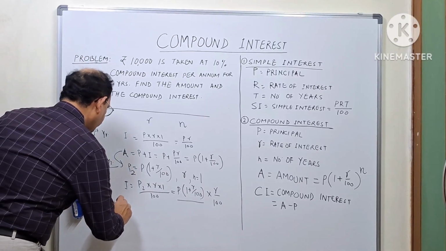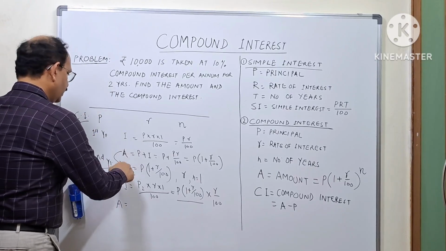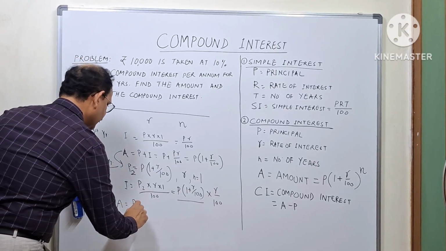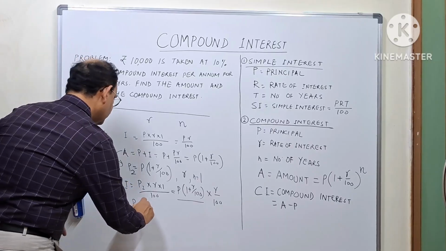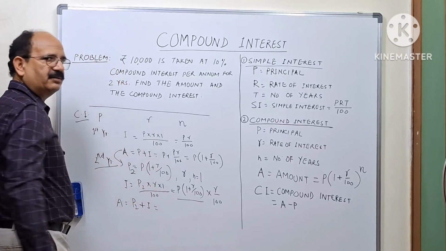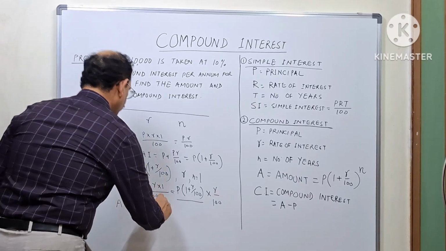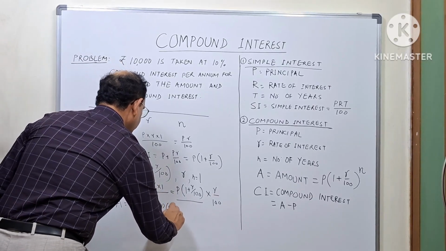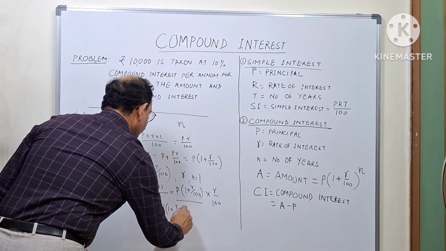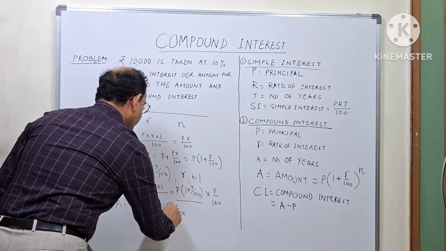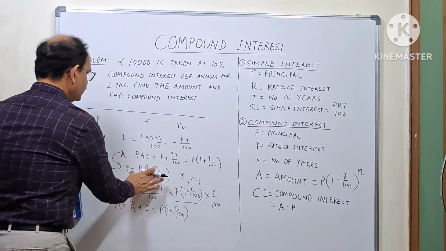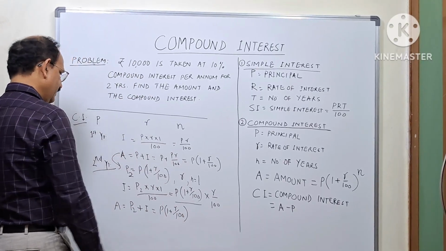So what will be my amount for the second year? The principal P2 for the second year plus the interest earned in the second year. Now what is my P2? My P2 is P under bracket 1 plus R by 100. This is my principal for the second year.